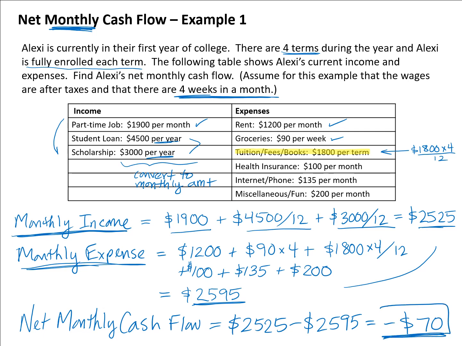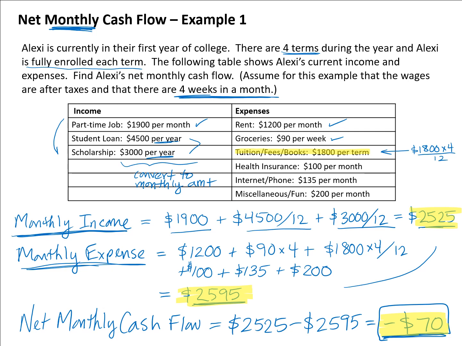That's Alexi's net monthly cash flow. That negative indicates that Alexi is overspending his income. His expenses are more than his income, so we end up with a negative monthly cash flow. In other words, Alexi is going into debt each month when we look at everything that he's spending money on.